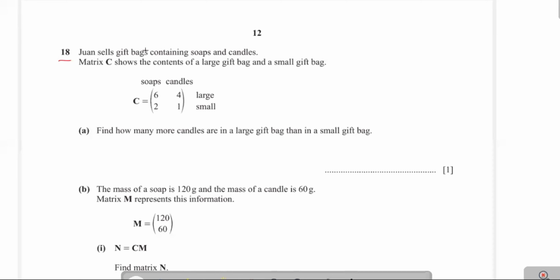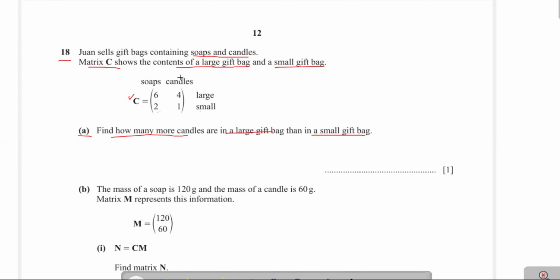Question number 18. John sells a gift bag containing soaps and candles. Matrix C shows the content of a large gift bag and a small gift bag. Part A, find how many more candles are in large gift bags than in small gift bags. You see here, this is the matrix C, and the soaps are here, 6 and 2. 6 are large soaps, 2 are small soaps.